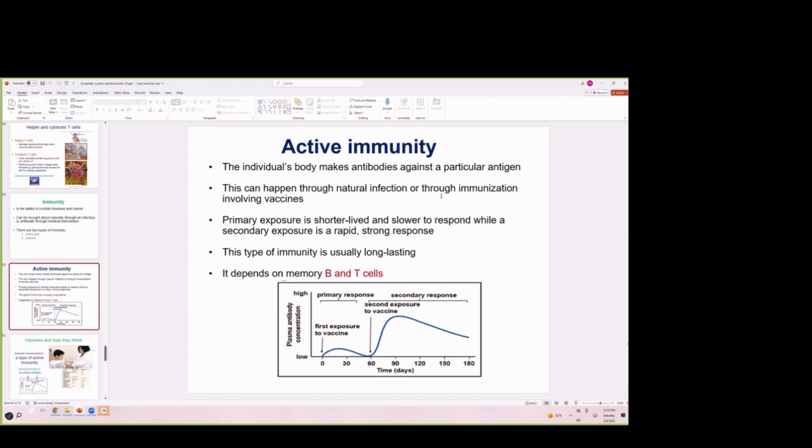So that is when it happens in the natural way. But immunization is when they give you a vaccine that contains a certain antigen from that pathogen, exposing you to it. I said in this active immunity, the primary exposure is shorter lived and slower to respond, while the secondary exposure is a much more rapid and strong response.